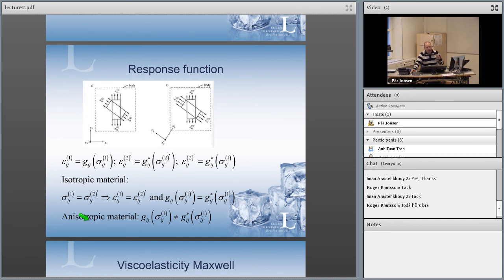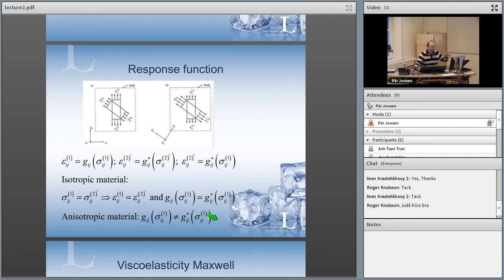And if the material is isotropic, the strain should also respond in the same manner. So also the strain measured in one coordinate system and the other one, this relation should be the same, which gives you that this response function G and G star, which is for the other position, is also the same.